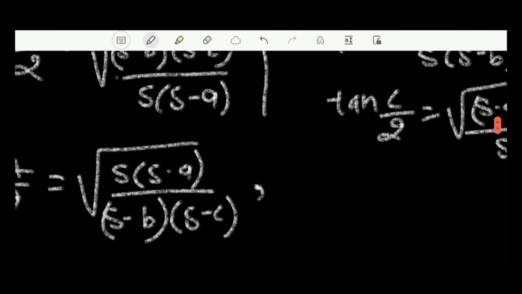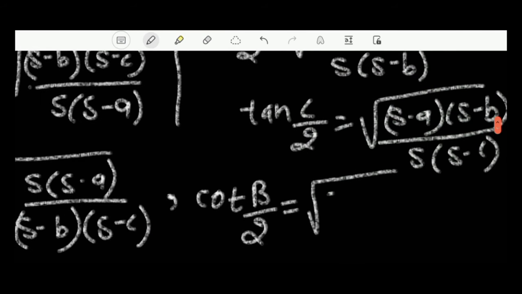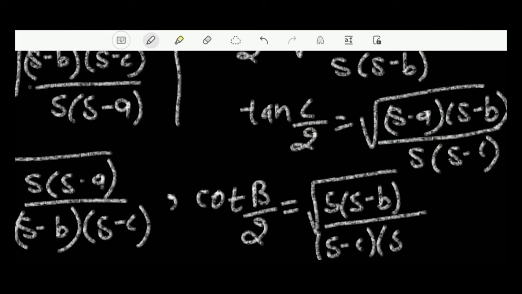And similarly, we can say that cot b by 2 is equal to square root of s multiplied by s minus b upon s minus c multiplied by s minus a.